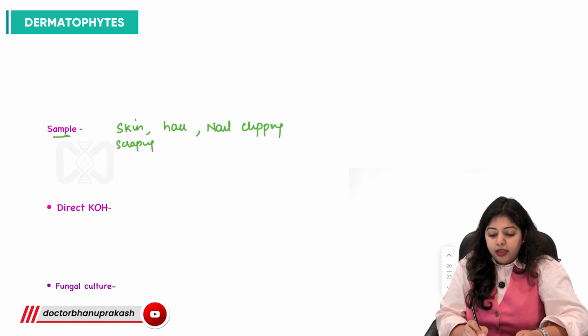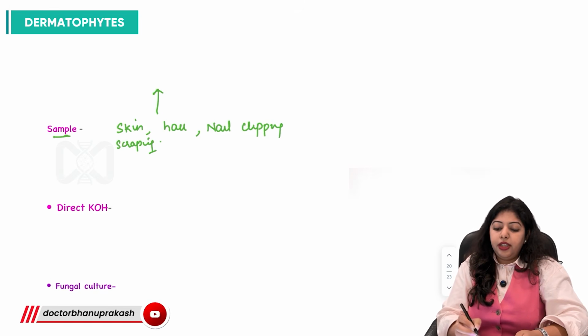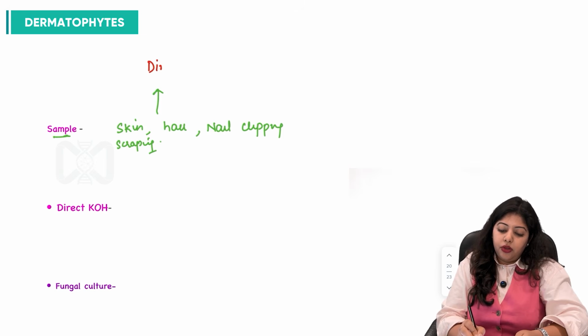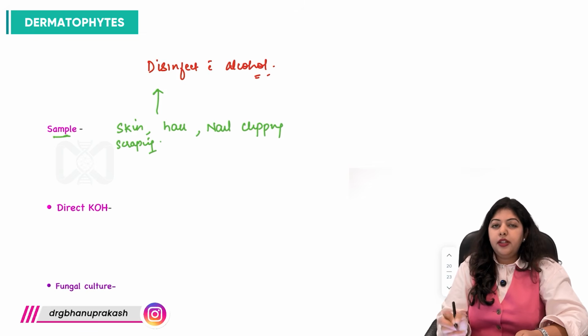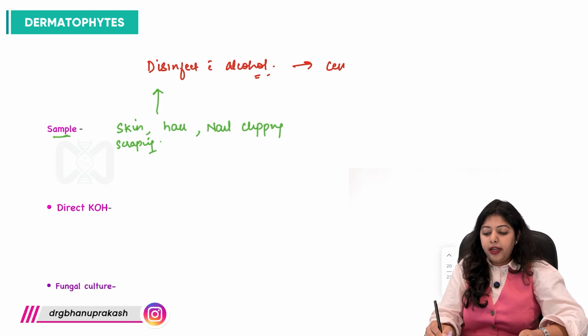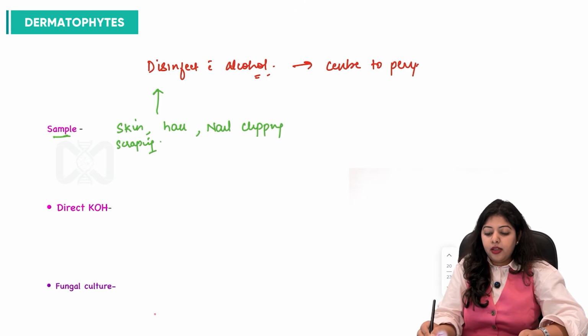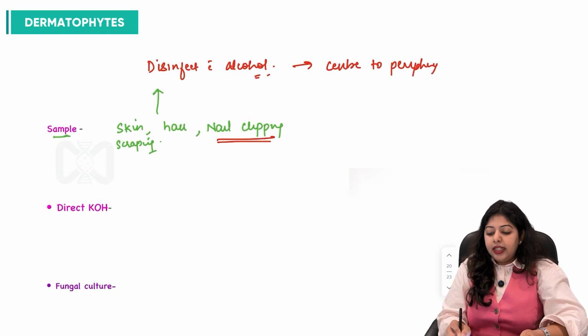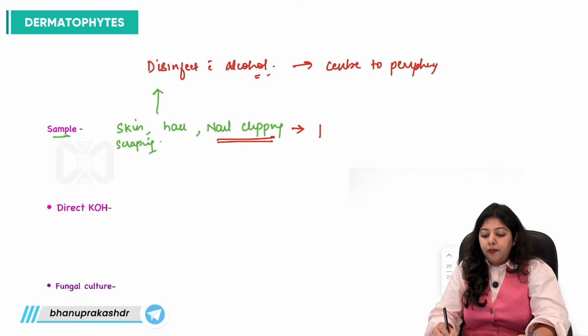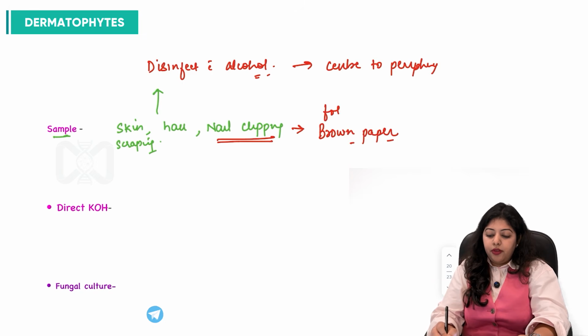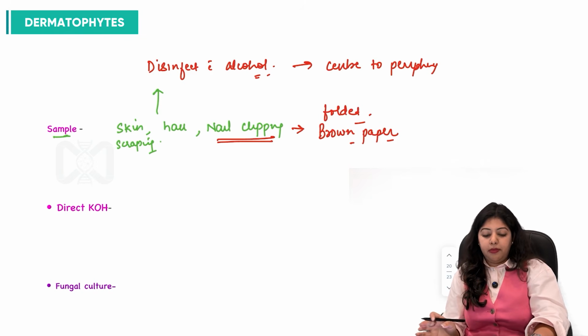Before scraping the skin, we must remember that we need to disinfect the skin with alcohol first, and then we take the skin scrapings from center to periphery, right? And nail clippings are supposed to be kept in folded brown papers or black papers, right?